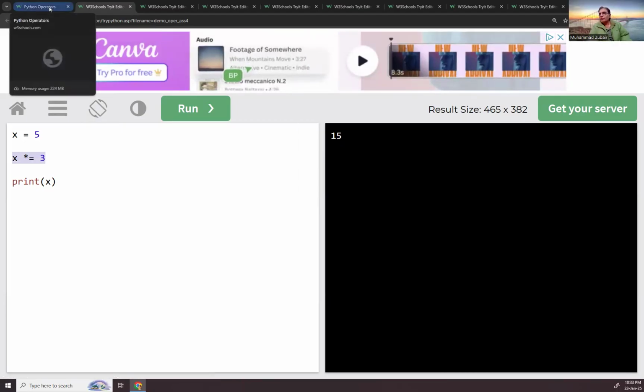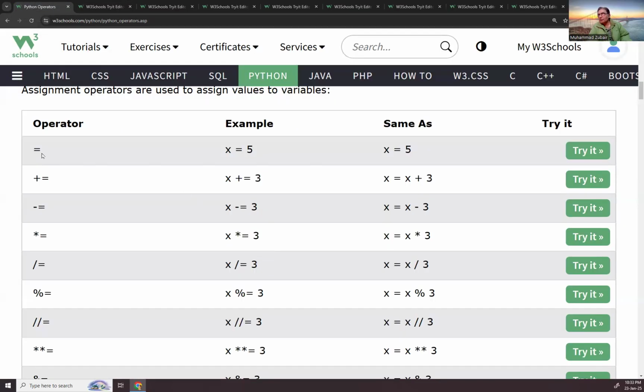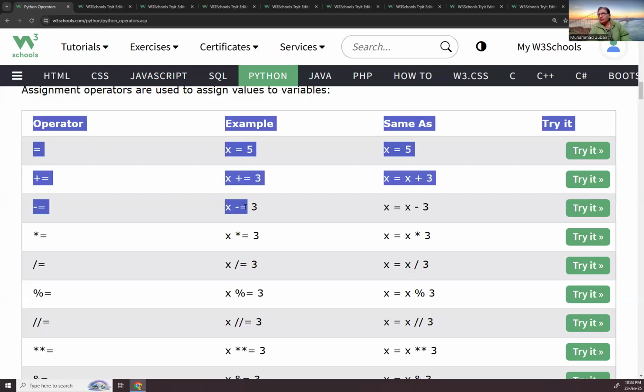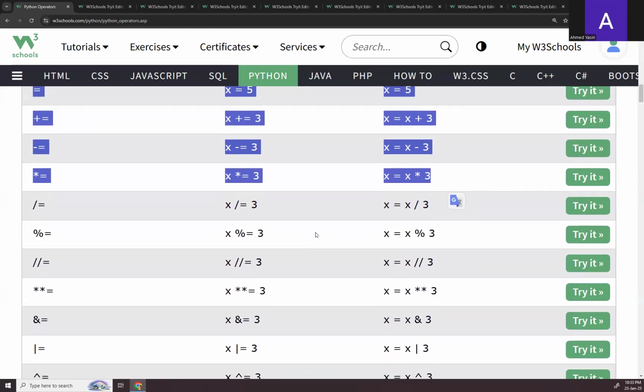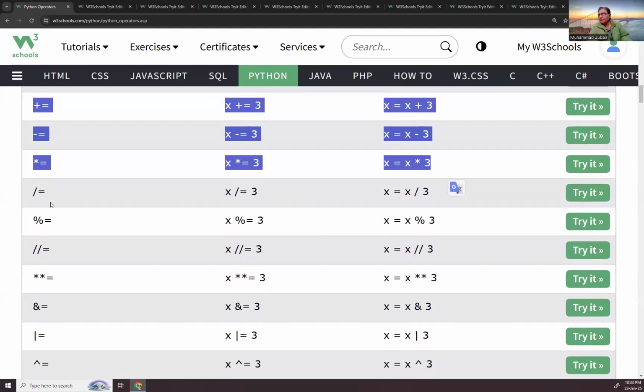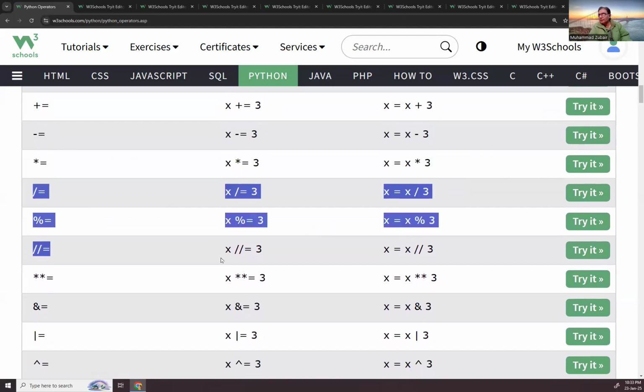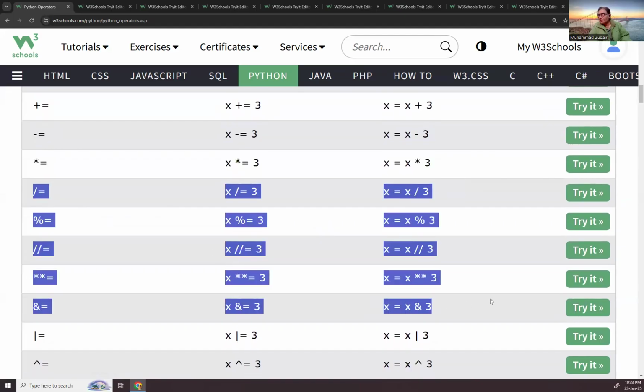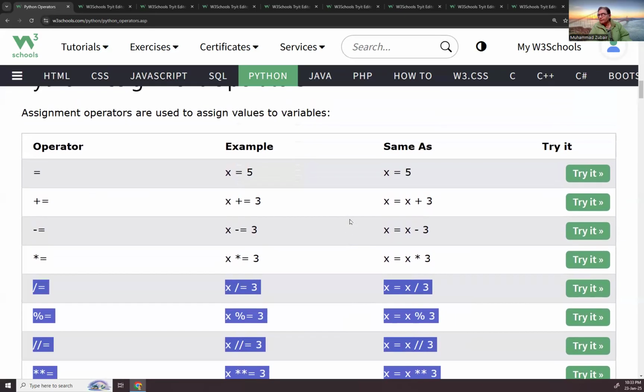So these were the important mathematical operators that we have discussed in today's session, right? There are some other operators as well, but those will be complex for your level, okay?